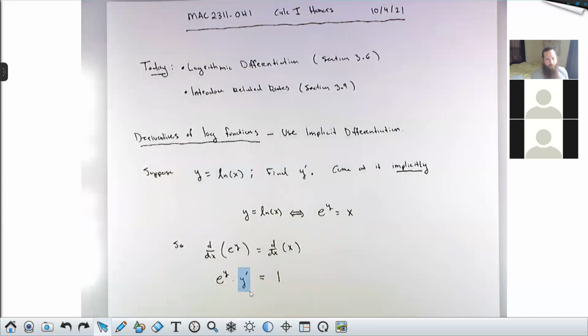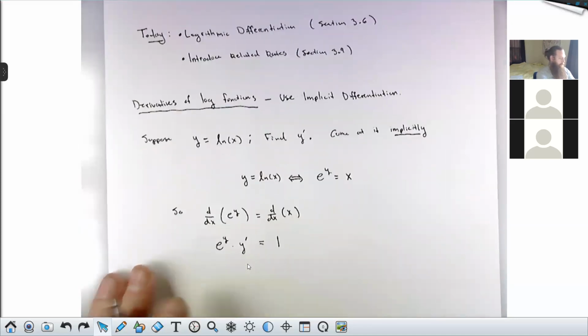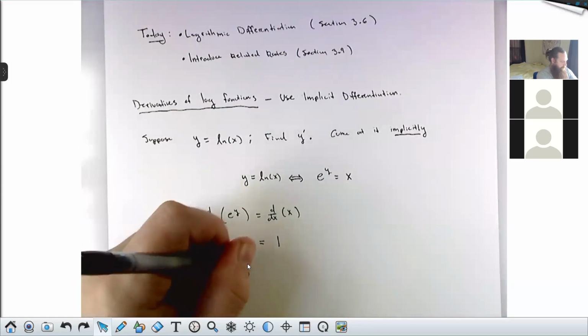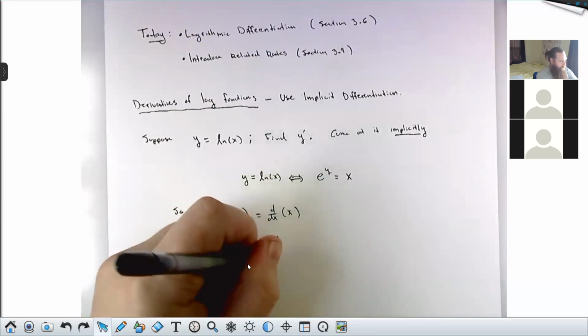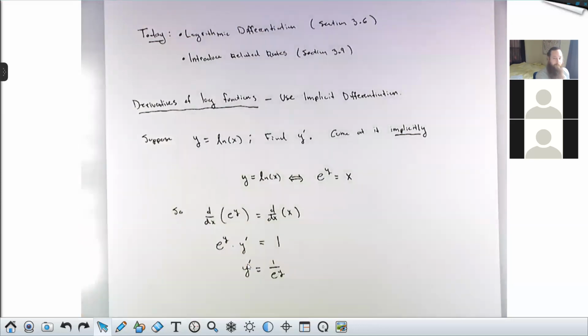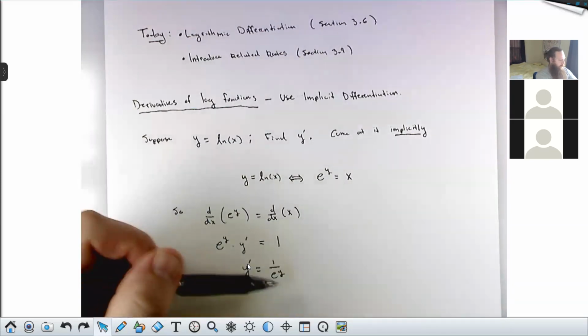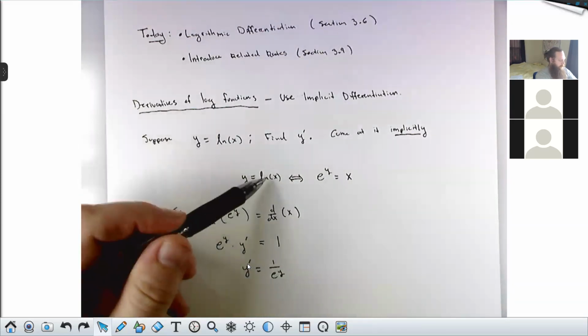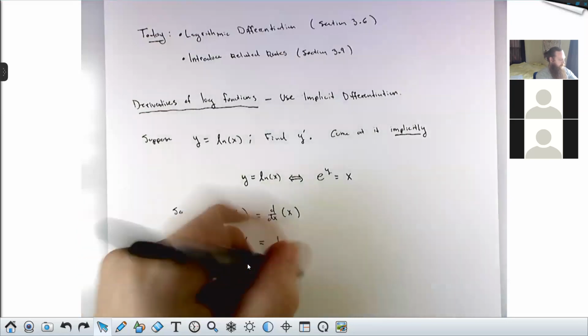So I'm now going to solve this for y prime. y prime, okay, it's 1 over e to the y. It's dividing both sides by e to the y. And then if y is equal to ln x, e to the y is x.